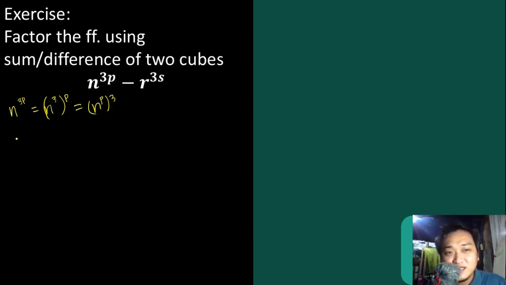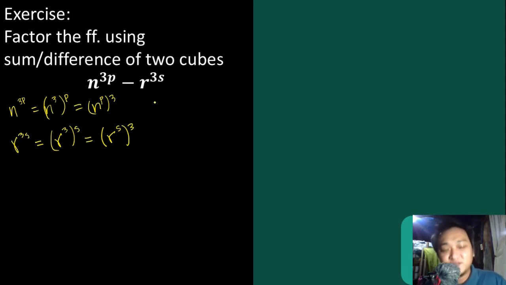While ganun din si r raised to 3s, is equivalent to r raised to 3 raised to another power of s, or can also say r raised to s, that is also raised to another power of 3. Power of powers, yun ang tawag dyan. Now, syempre powers of power pa lang yan.